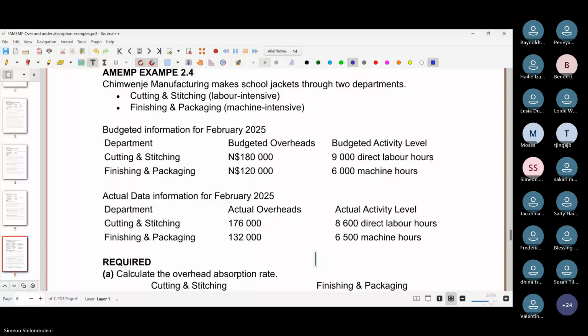The one for finishing, is it under or over?